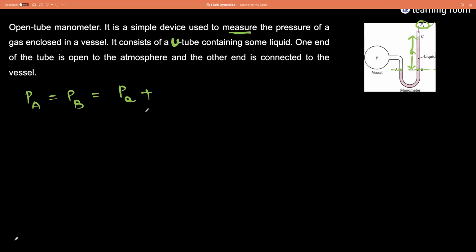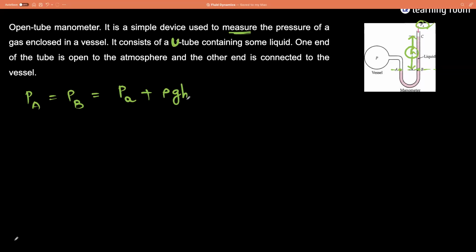Plus atmospheric pressure at the bottom, sir. No, see, atmospheric pressure is going to exist only where it is exposed to the atmosphere. There is a depth, you're forgetting that concept. So there is a pressure due to depth that is going to act with how much value? Rho GH. Clear?